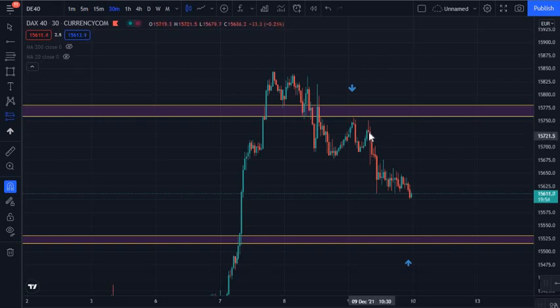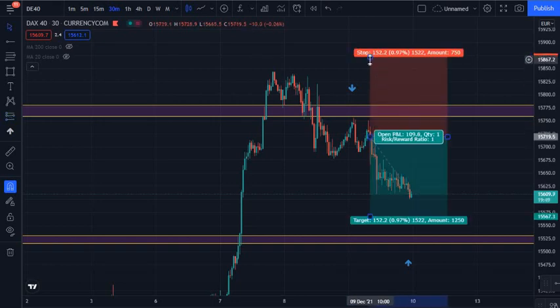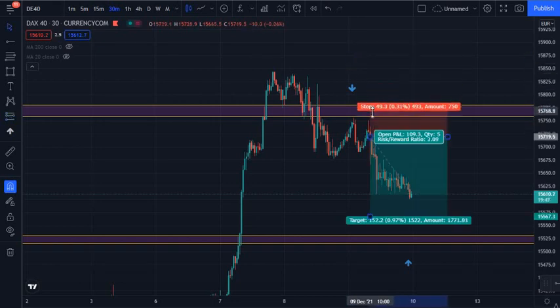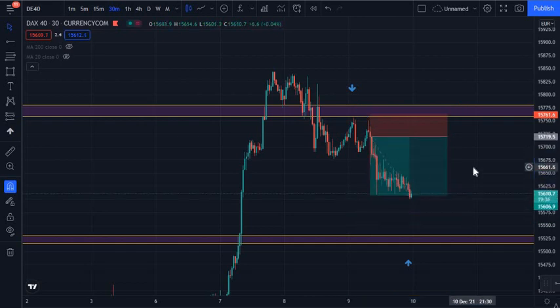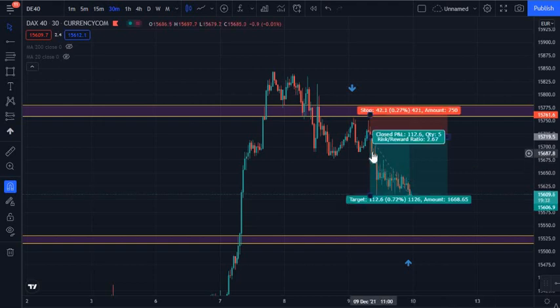Short position, you would probably put an impulse entry over there, and put your stop loss just above that candle. This is how the trade would have played out, which is not a bad trade at all, a good risk to reward ratio. But you technically would have held it for about 12 hours to get from that zone to this zone, but it was a good trade.